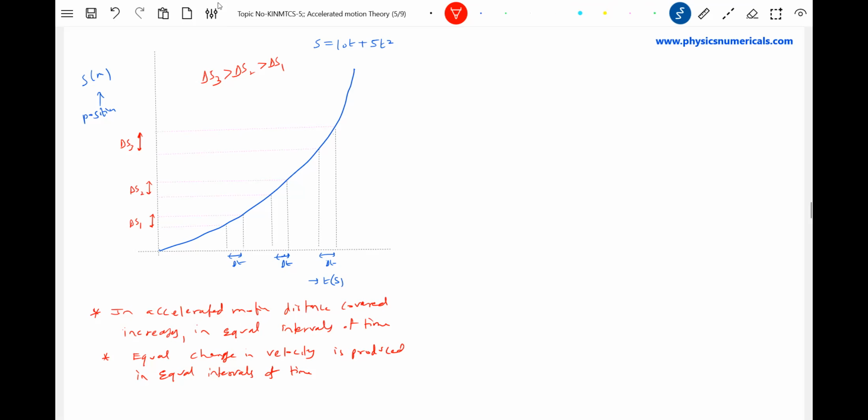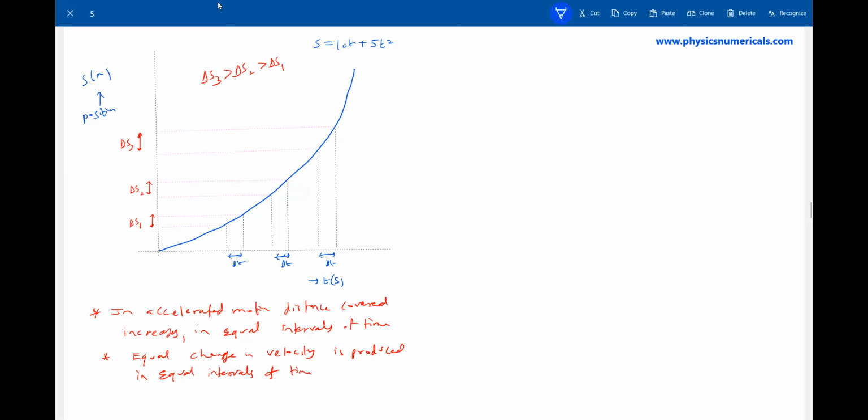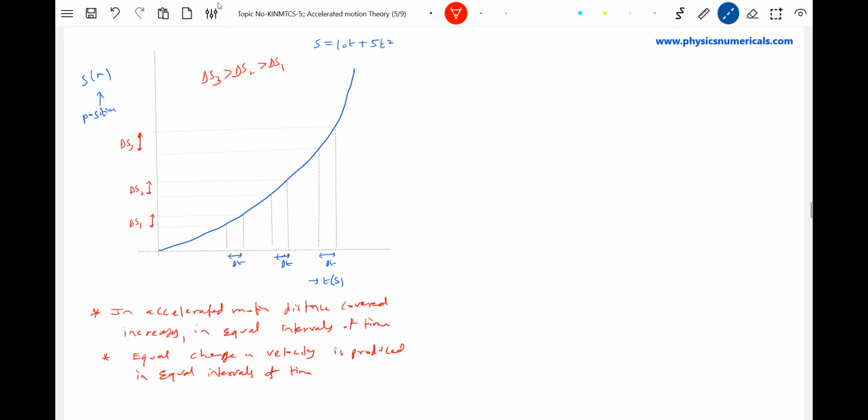Okay, this is about the graph. Can we put the graph in either way or only this condition? So now can we put it with equal displacements? We'll see what will happen. The same graph. Let me draw a fresh one. The same S is equal to t square, so that equation is what is plotted here.